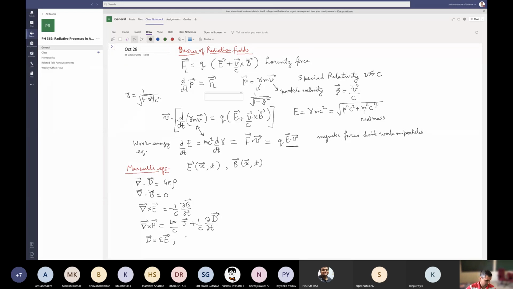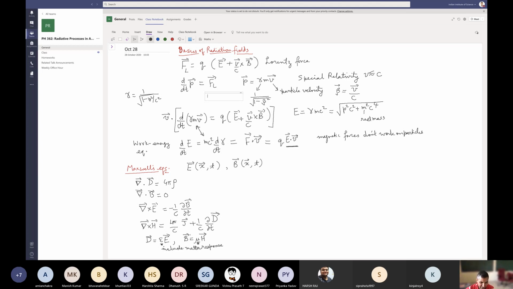And similarly, B, the magnetic induction or magnetic field, is equal to mu times H, right? So this epsilon and mu are used to include the matter response.